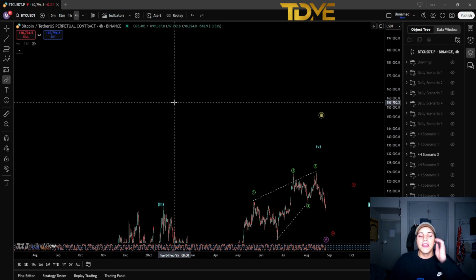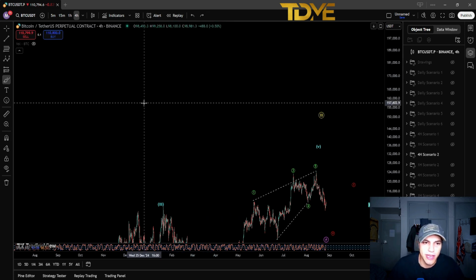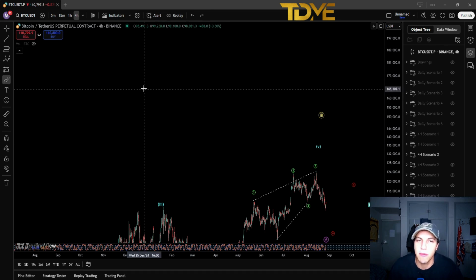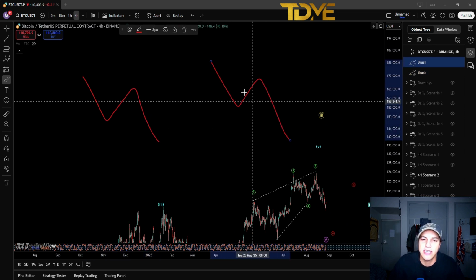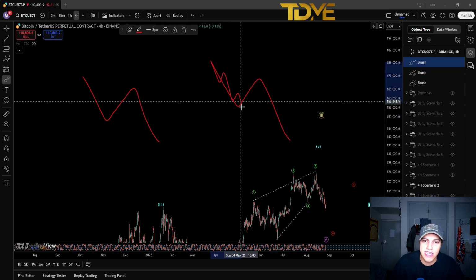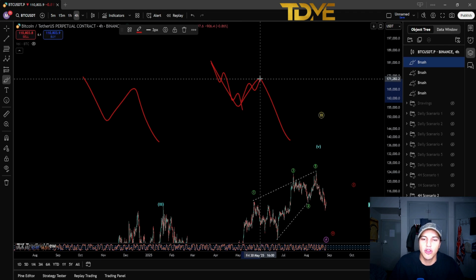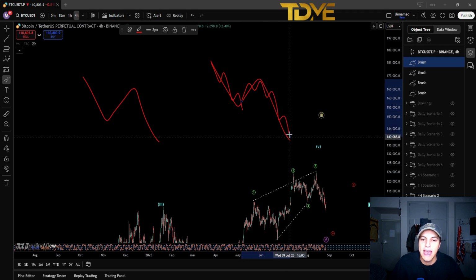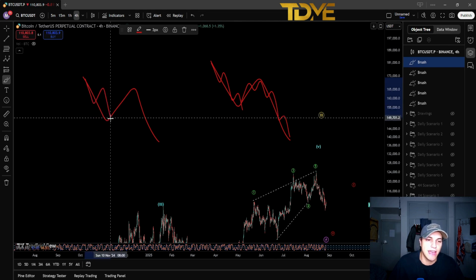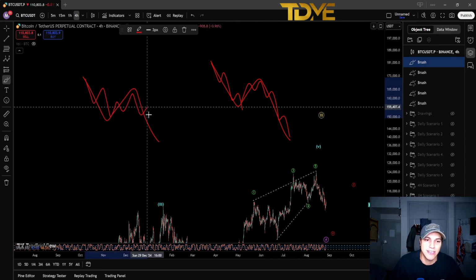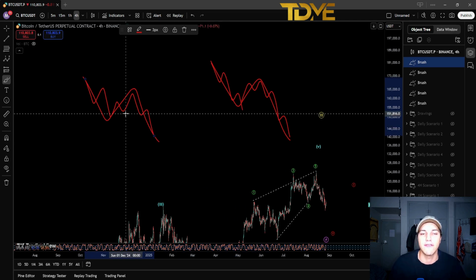The difference between a WXY and an ABC is that this ABC is a 5-wave structure followed by 3 and then followed by another 5-wave structure. In a WXY, we only have a 3-wave structure in each. We don't have 5 waves.